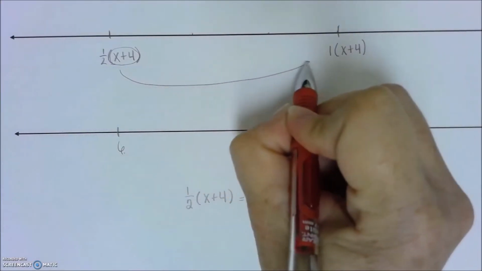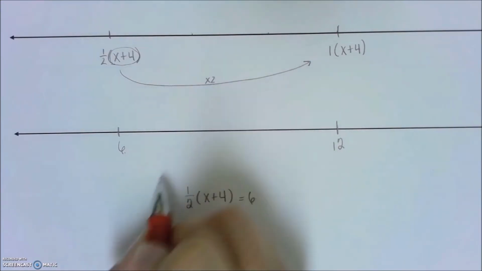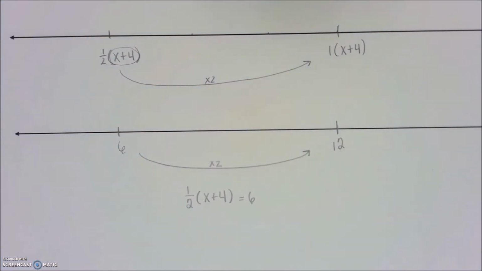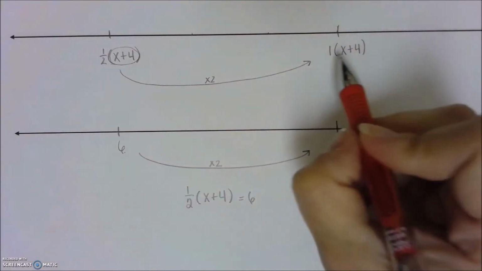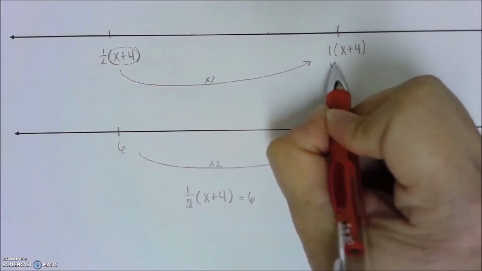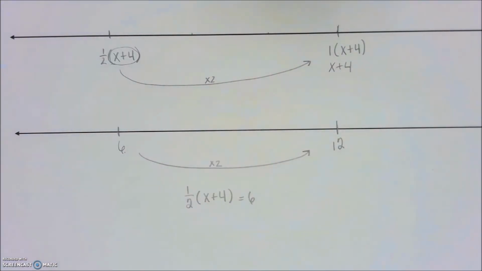Students recognize this by multiplying both number line numbers by 2. Students should also recognize that one group of x plus 4 is the same as just saying x plus 4.